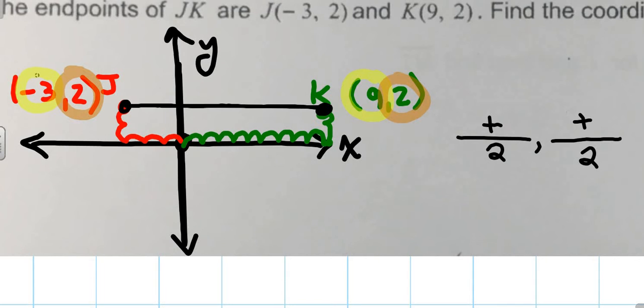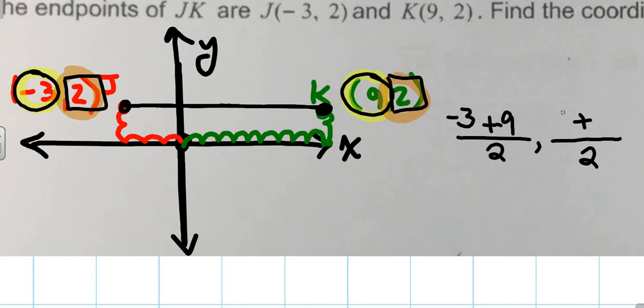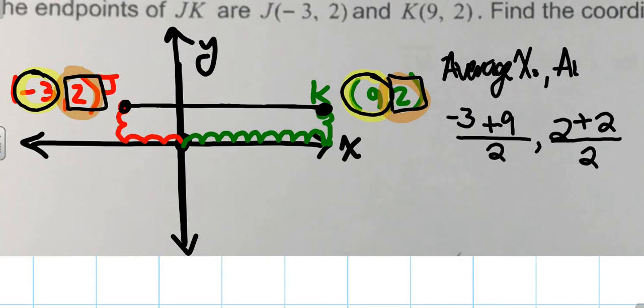So the first one is we're going to take the x-coordinates, and we're going to add them and divide by 2. And then we take our y-coordinates, and you add them and divide by 2. That's what average means. We're going to average the x-coordinates, and we average the y-coordinates.